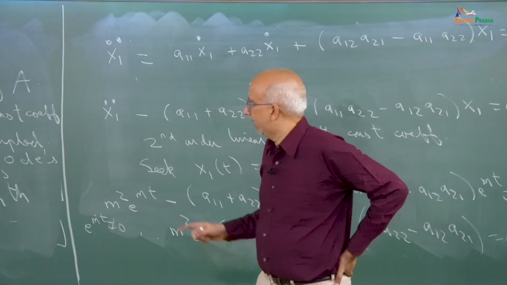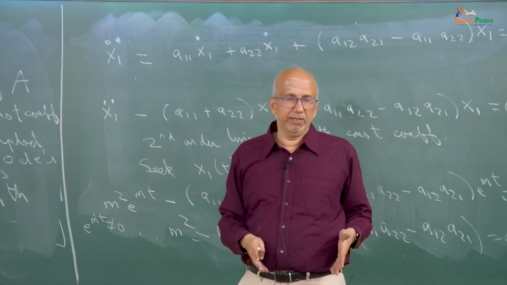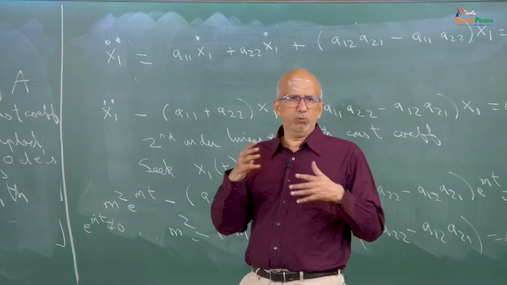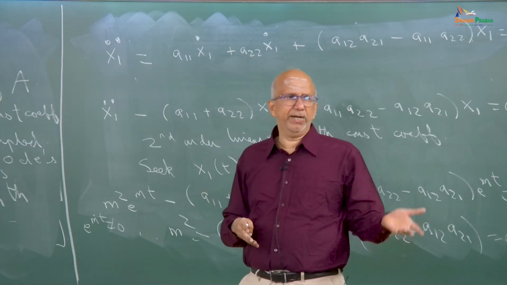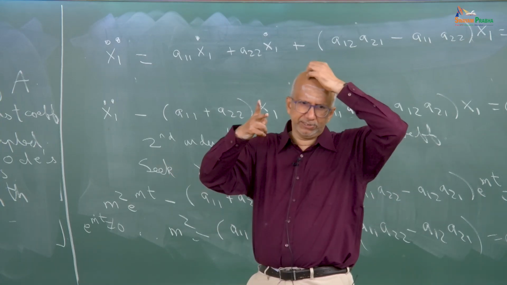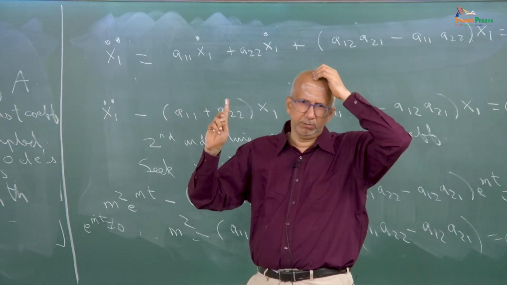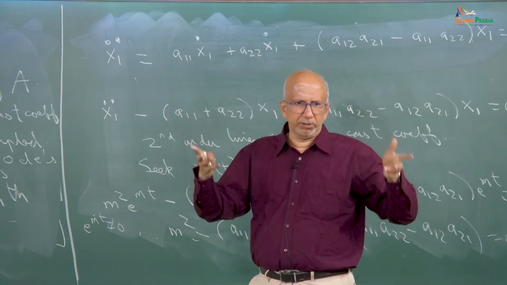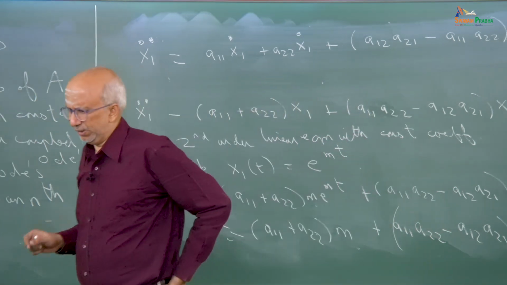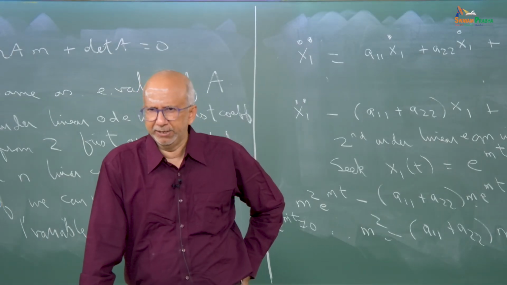And if you have n coupled linear ODEs, you can do this elimination and you will get an nth order equation for one variable. Like I got two equations, I got one equation which is second order in one variable. For n equations, I get nth order in one variable. If you understand this, you will possibly be able to appreciate these connections.